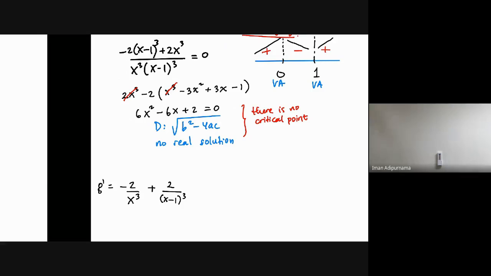Do not make your life difficult deriving this whole part. Just derive this part and then combine.